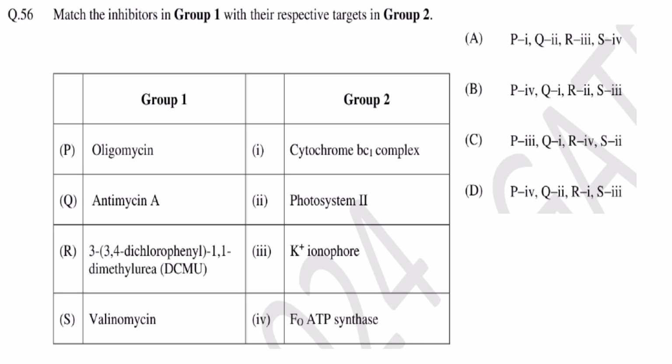Q1. Q1 is correct in B. So B must be the answer. Okay, we will see. Then DCMU is for photosystem 2. And valinomycin is for K plus ionophore. So P4, Q1, R2, S3 is the answer.